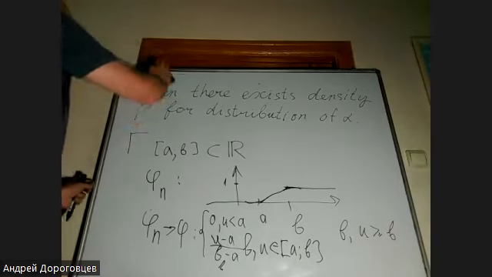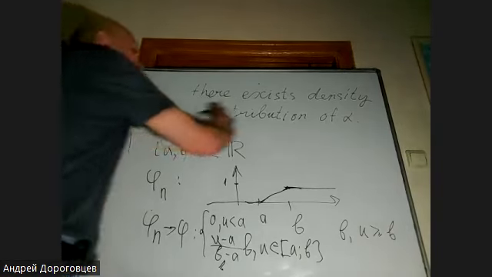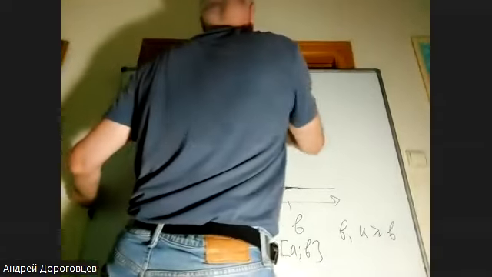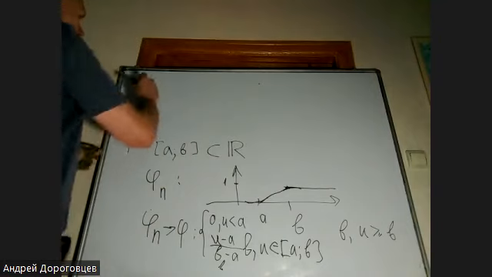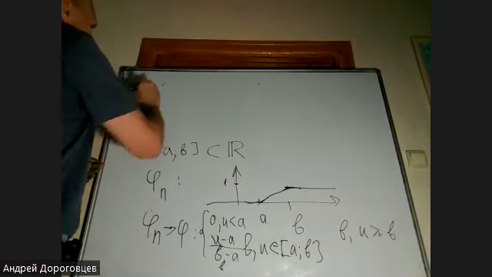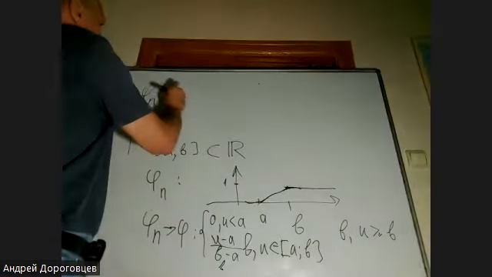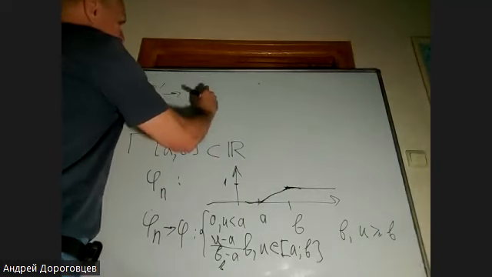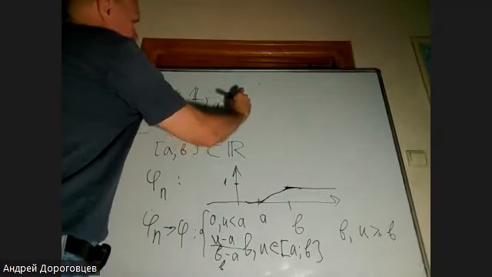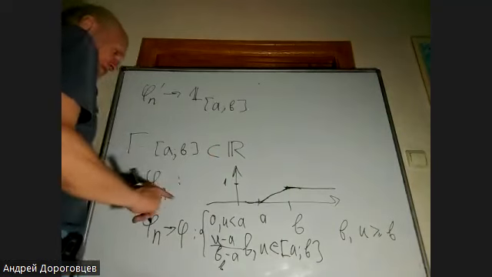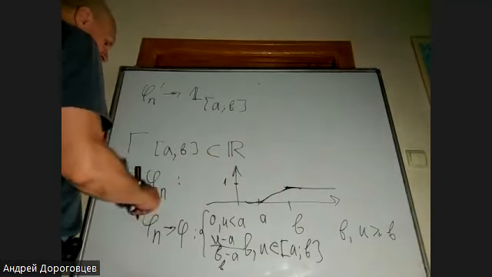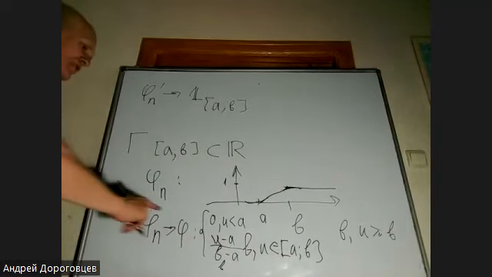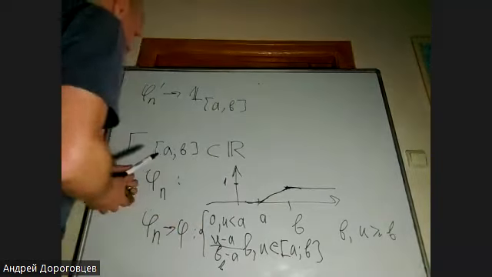Then, considering this sequence, one can apply the Lebesgue theorem and say that phi n prime will go to the indicator of the interval AB pointwise, and phi n goes to our function phi.